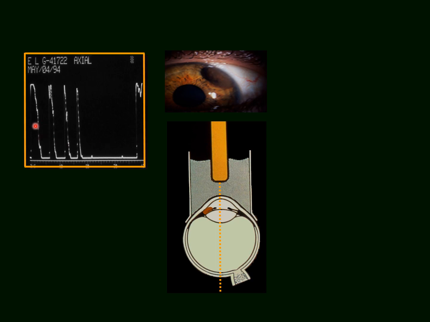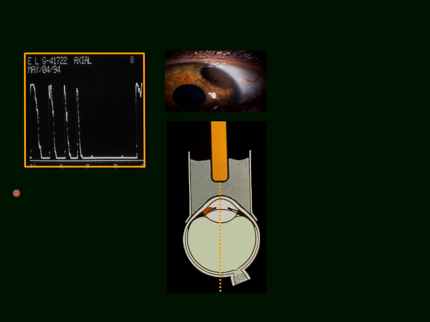Initial spike probe surface, immersion fluid, corneal surfaces, anterior chamber, anterior lens surface, lens, posterior lens surface, vitreous, fundus. These two signals are reverberation signals.